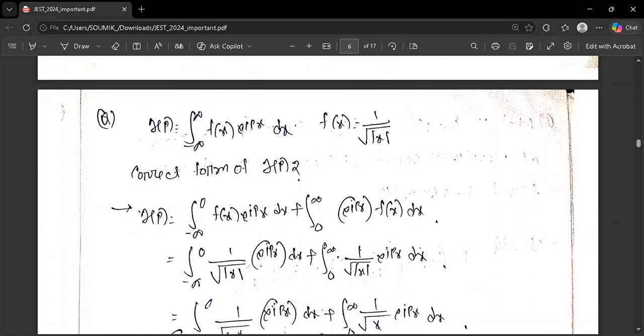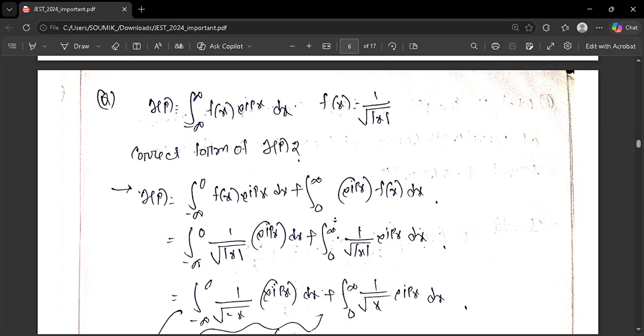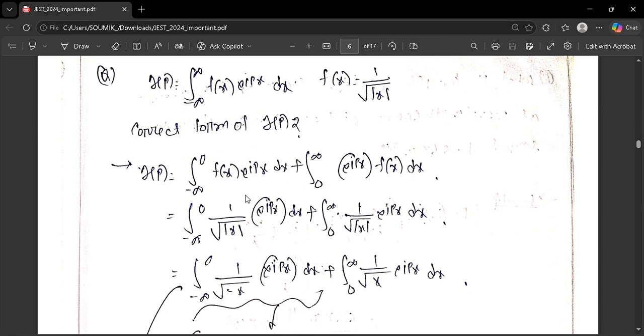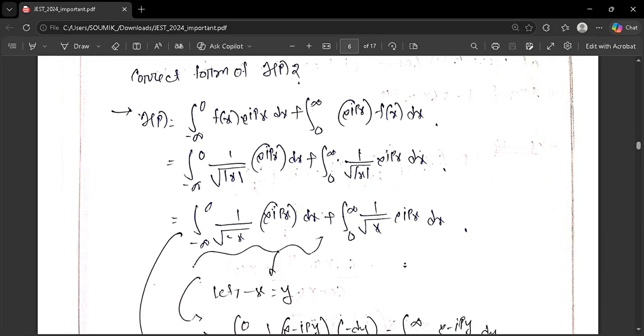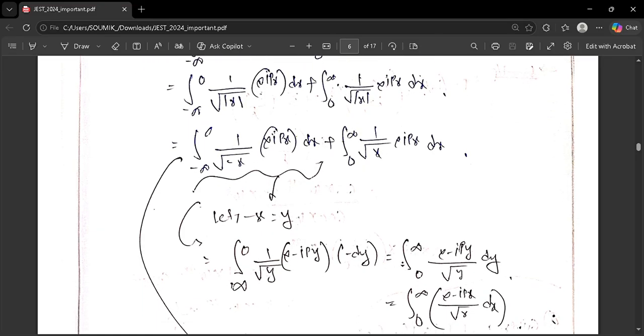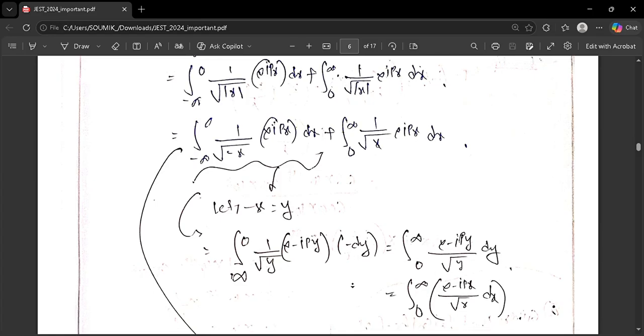Okay, then the next problem is GP is this, and f of x is 1 by root over mod of x, then what is the correct form of GP? I just substitute this f of x in this way. For minus infinity to 0, mod of x is minus x, and for 0 to infinity this is plus x. Then if we take minus x equal to y, this equation basically reduces to this.